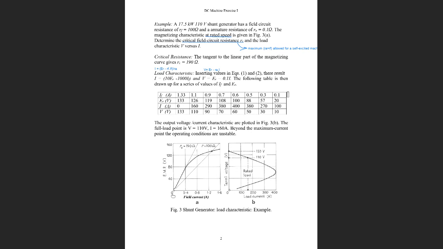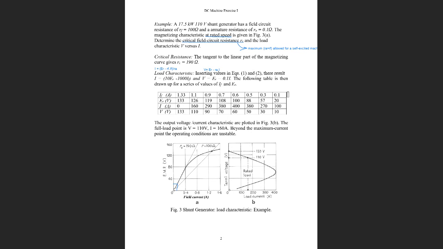First, for the field current on the horizontal axis, for example, if the field current is 0.1, 1/3 of it, you can find the voltage here.